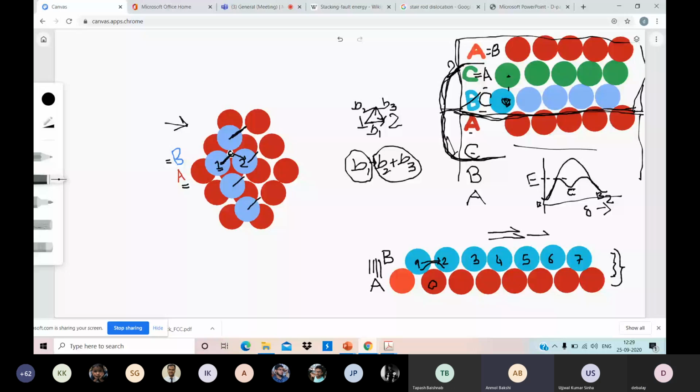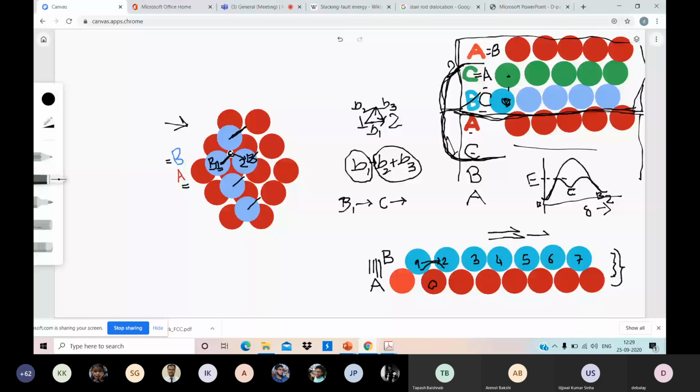To go to 2, it first goes to C and then goes to 2. Yes, exactly. From B1 it goes to C, which is called creating a stacking fault, and it comes back to B2.